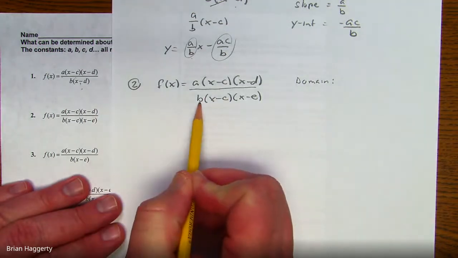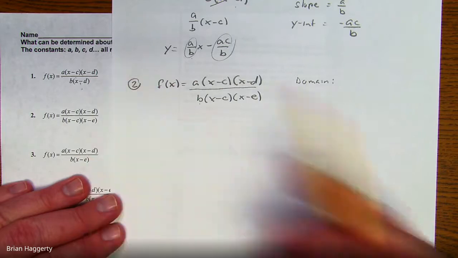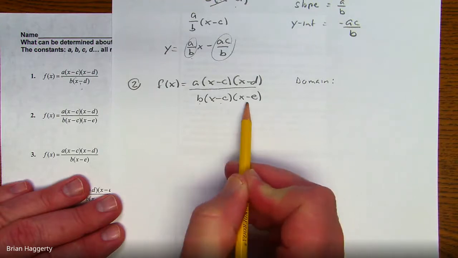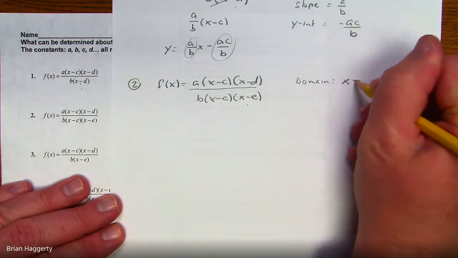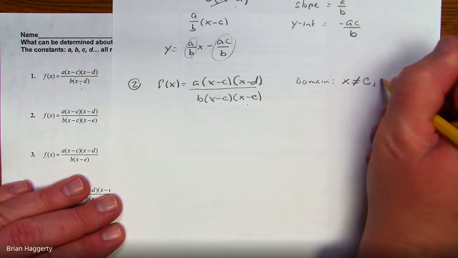Well, b is just some constant, so b is never going to be 0 because it specifically said non-zero in the instructions. So that's going to be 0 when x is c, and 0 when x is e. So we have two restrictions in the domain. x cannot equal c. x cannot equal e.